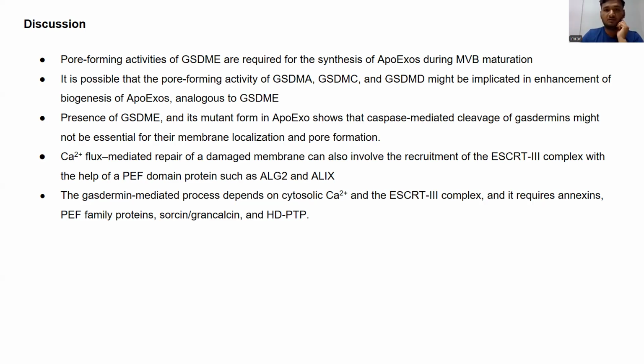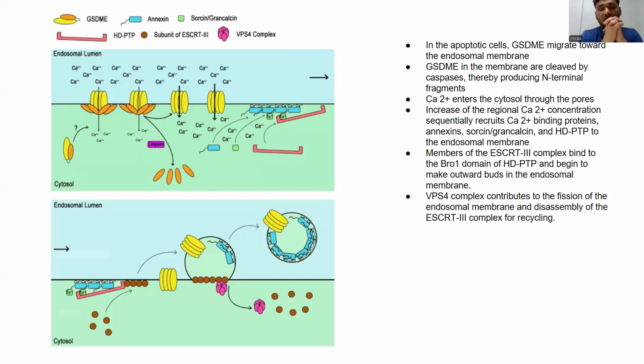And to summarize the whole process in a diagram, here we have the Gasdermin E, which is recruited to the cell membrane, and which is then cleaved by the caspase, leaving the N-terminal domain. When the N-terminal domain forms a pore, it causes the influx of the calcium.